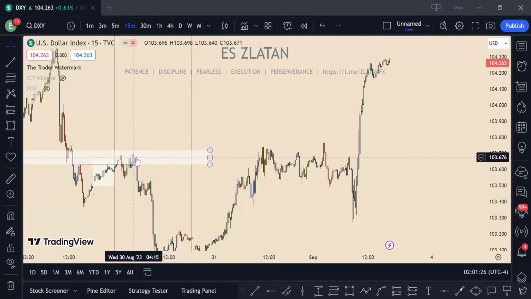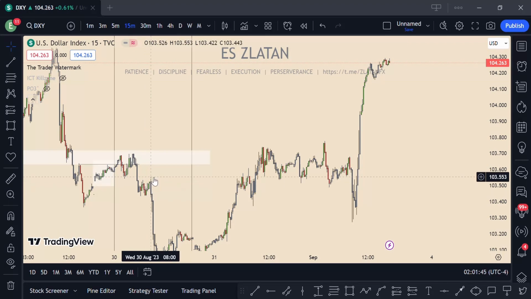And we flushed down into the low of this range, which I said can be your model. Only from this to this is enough for you, right? And then we took it out, we accumulated again ahead of New York.